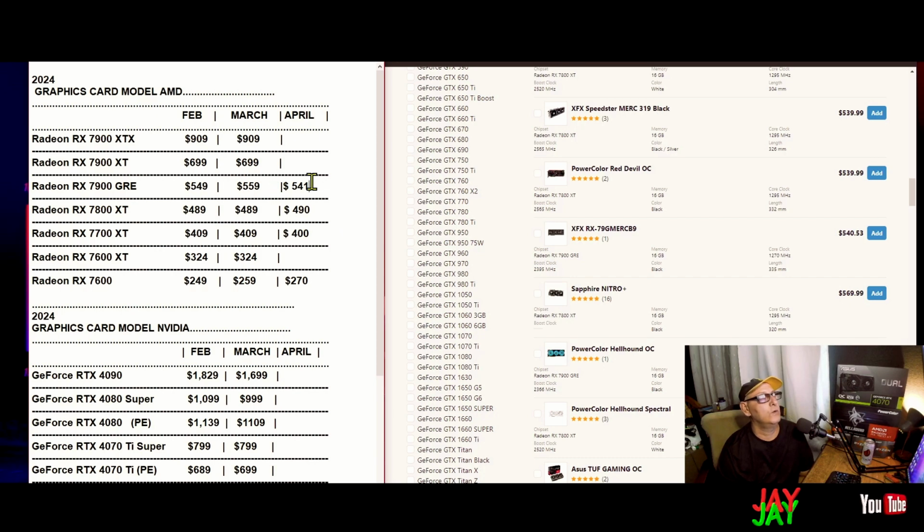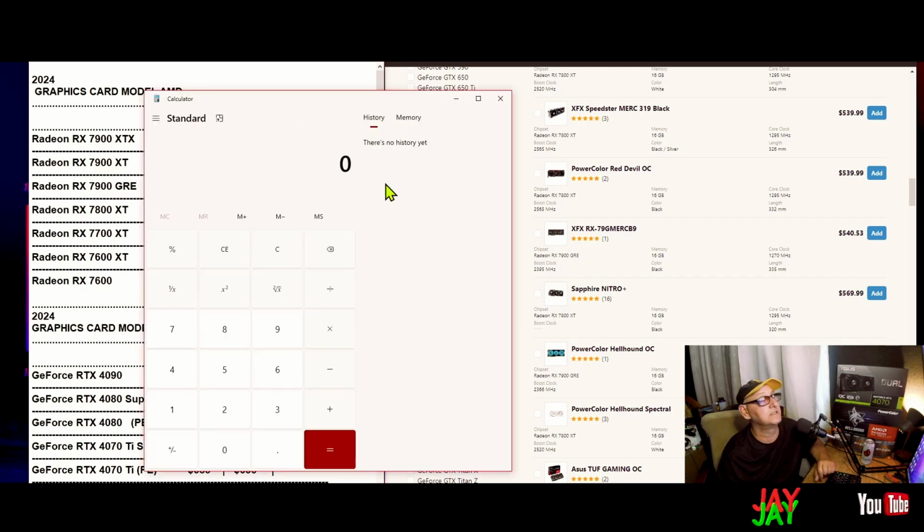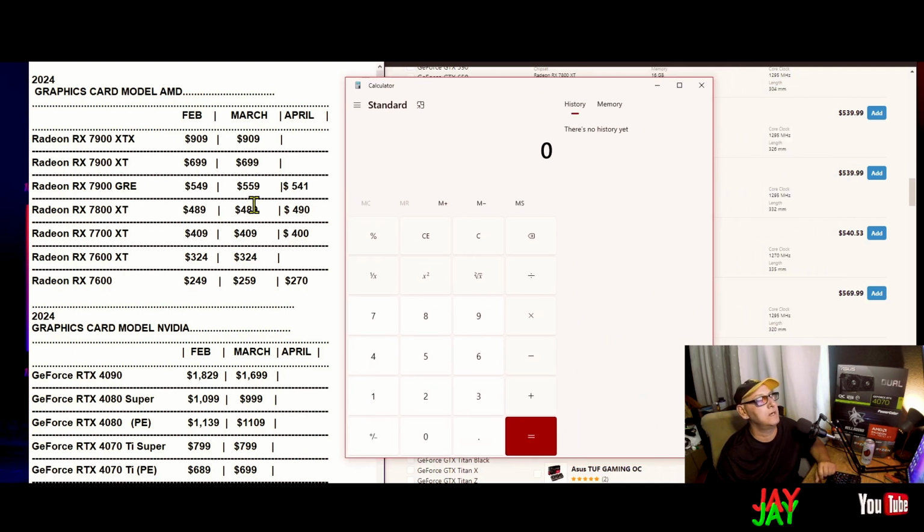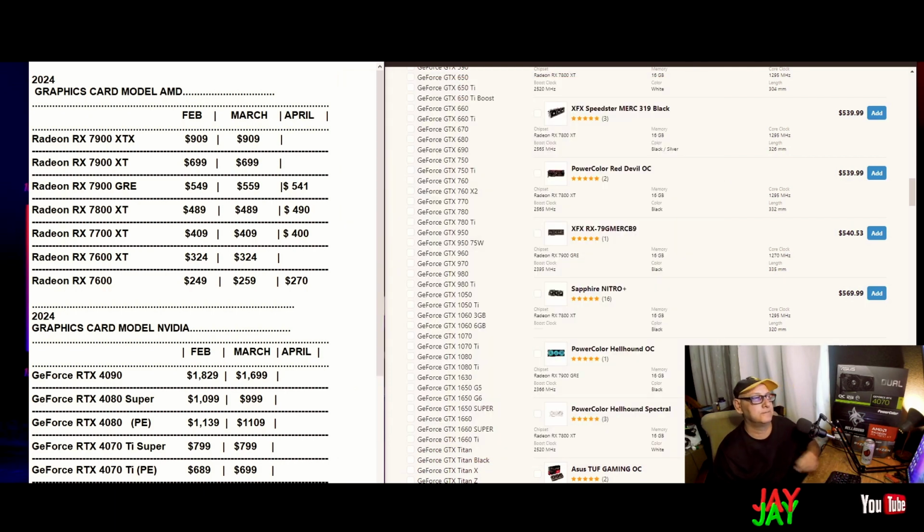So went down what? $19, somewhere in there. You guys do the math, because I'm not doing the math right now. I know how much you love the calculator. Since I don't know how to add or subtract, obviously, let's just do the calculator right now. So it went up $10, and then from $559 minus $541, $18. I was close. So $18. Not too bad. Went down $18 on that.